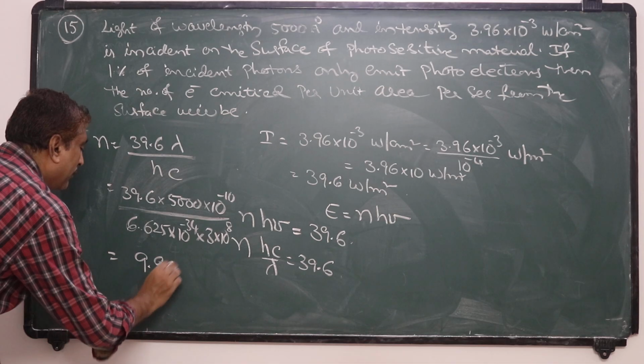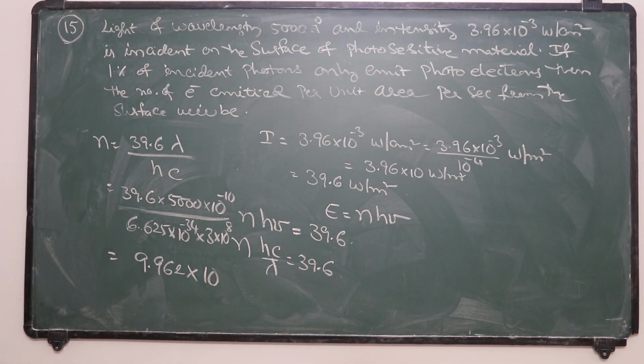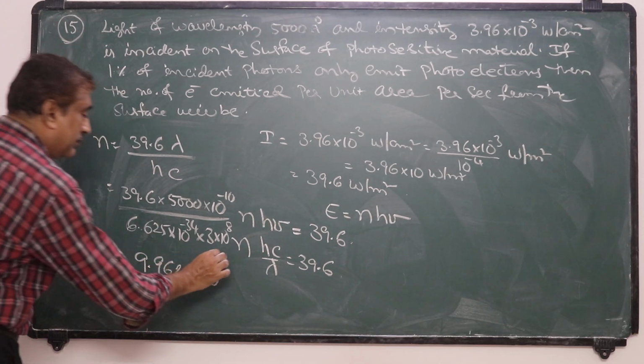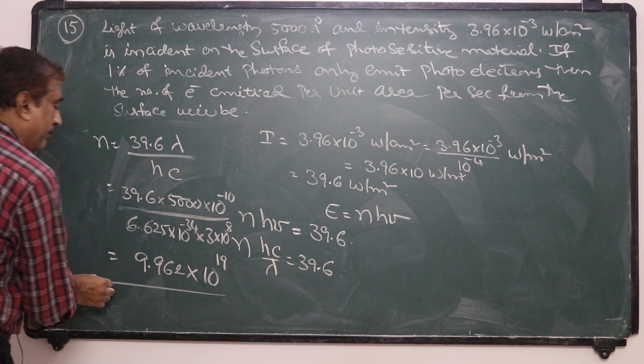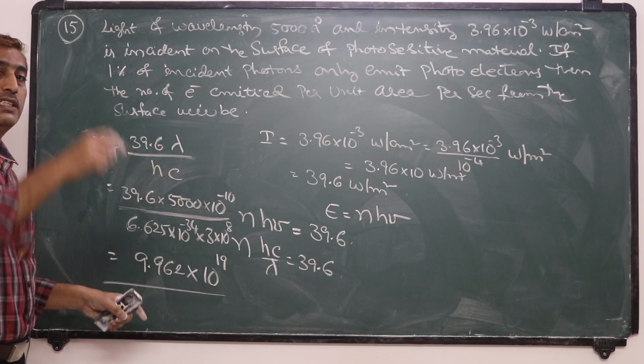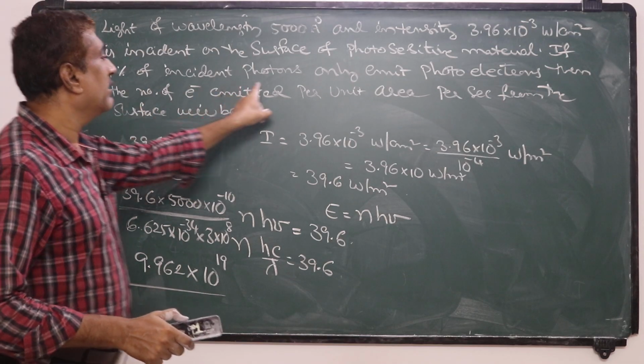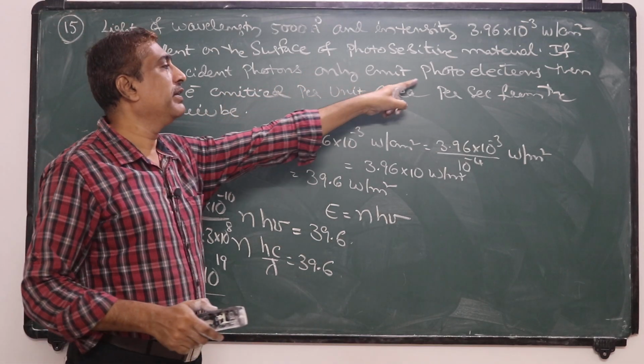By calculating this we get the value 9.962 into 10 to the power 19. This is the total number of photons incident on the metal, but only 1% of the incident photons emit photoelectrons.